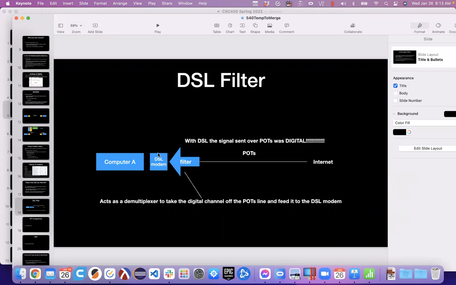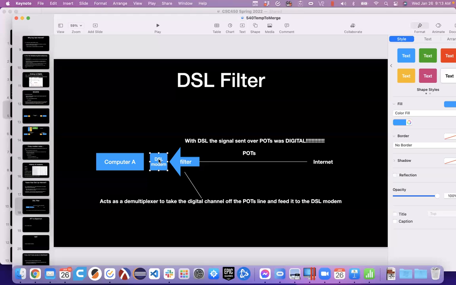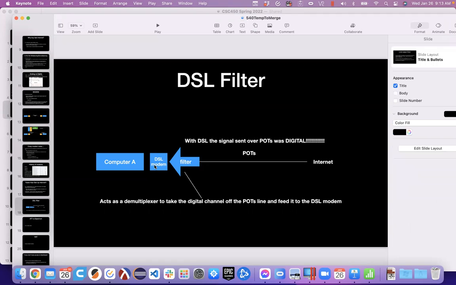Now maybe this modem did some decrypting or something like that. So something that did require a computer box type thing to accomplish, but it certainly wasn't modulating and demodulating analog to digital and vice versa. But we call it a modem because that's what people expected you needed to connect to the internet.